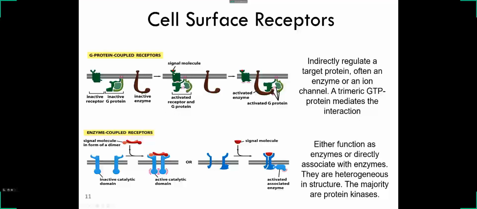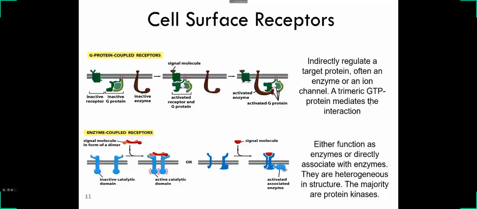After the hormone binds the GPCR, it leads to a conformational change, okay, which exchanges GDP for GTP on the trimeric G protein complex. And then this complex can go and activate an enzyme. Remember, these indirectly regulate a target protein, okay? Unlike the steroid hormones where it's direct. And they mediate their action via this trimeric GTP complex.